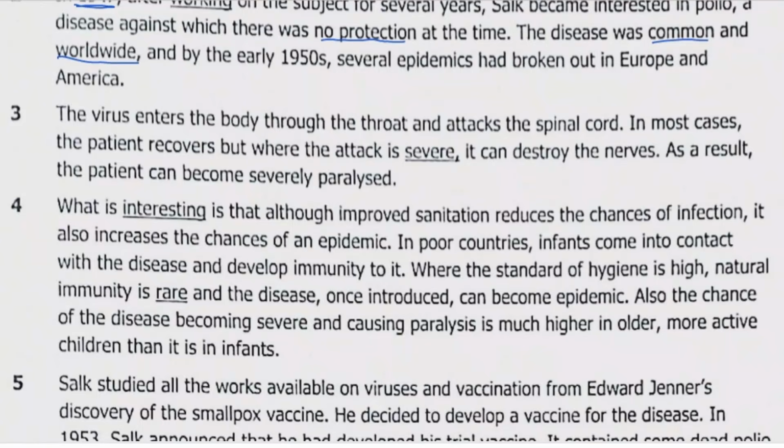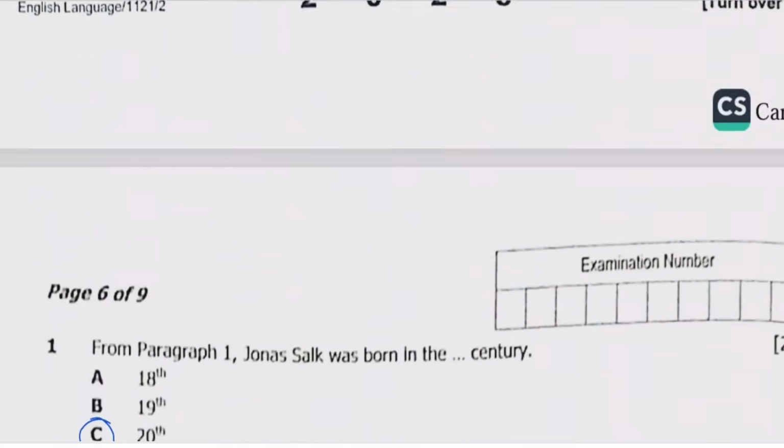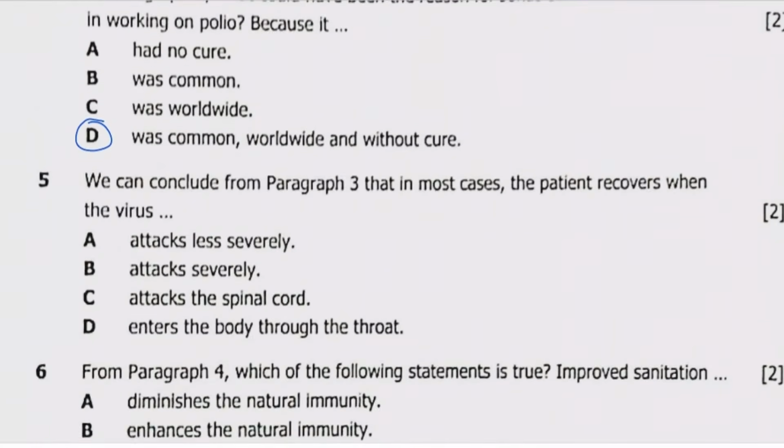Okay, so going back to question 5, they're asking us, we can conclude from paragraph 3 that in most cases, the patient recovers when the virus dash. The correct answer is A, attacks less severely.